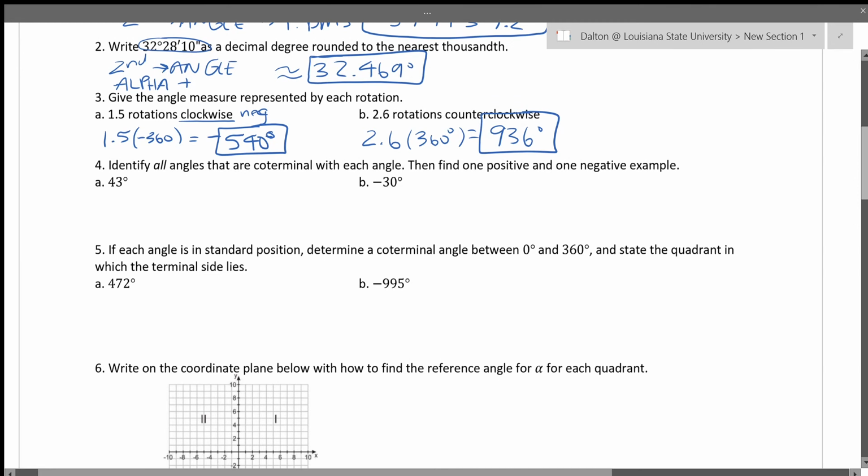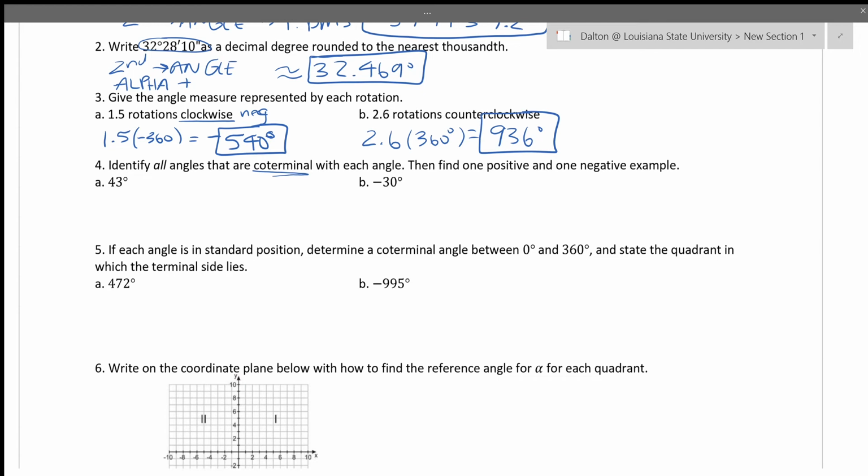For number 4, it says identify all angles coterminal with each angle, and then find one positive and one negative. When it says all, you have to remember that the word coterminal means there's an infinite amount of coterminal angles, because wherever an angle ends up, we could continue spinning around the circle over and over again in both directions and come up with more coterminal angles.